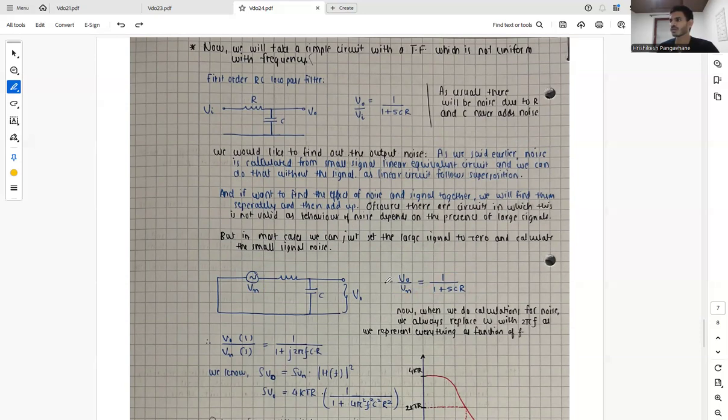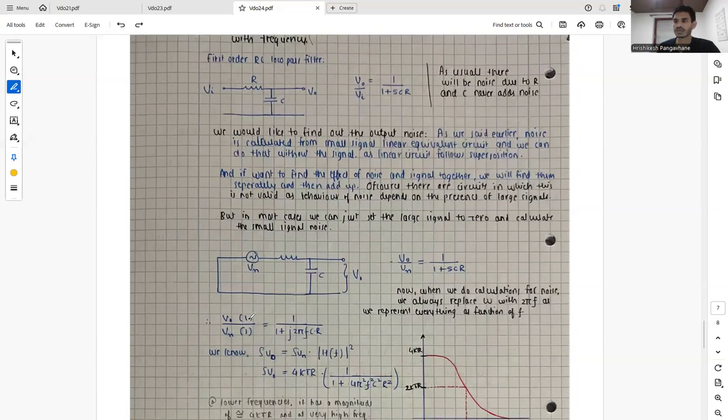And now when we do the calculation for noise, we always replace omega with 2 pi f, as we know that we represent everything as a function of f while doing the calculations for noise. So V naught of s divided by Vn of s, or basically V naught of j 2 pi f divided by Vn of j 2 pi f, is 1 upon 1 plus j 2 pi f CR.